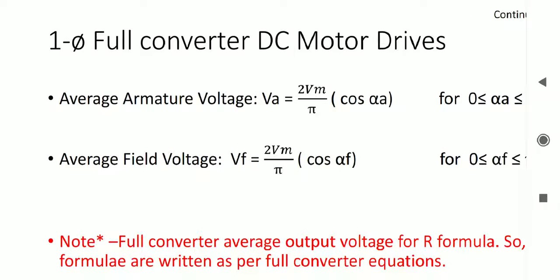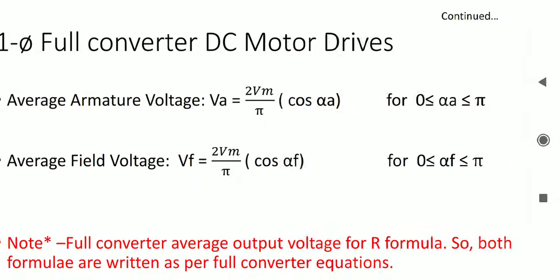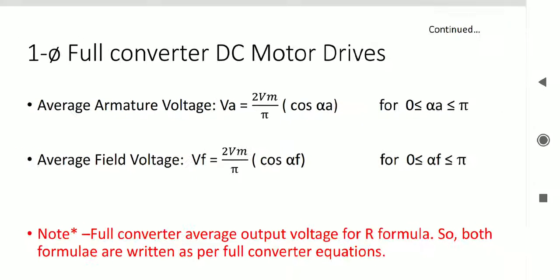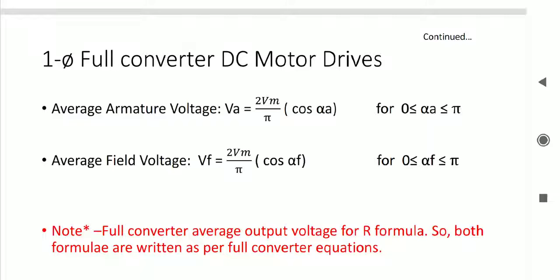Now, for the single phase full converter DC motor drive, the armature voltage and the field voltage: here VA is equal to twice Vm by pi cos of alpha A, and Vf is equal to twice Vm by pi cos of alpha F. Both firing angles alpha A and alpha F vary from 0 to pi.